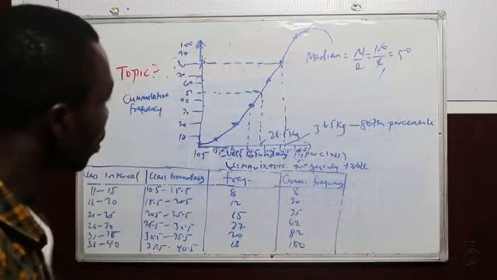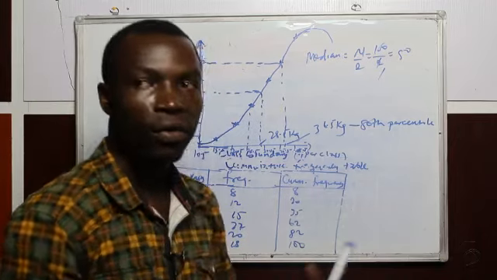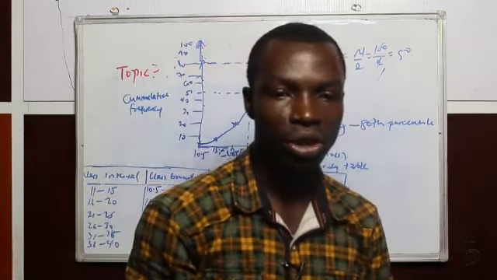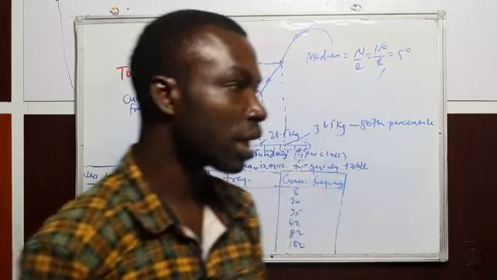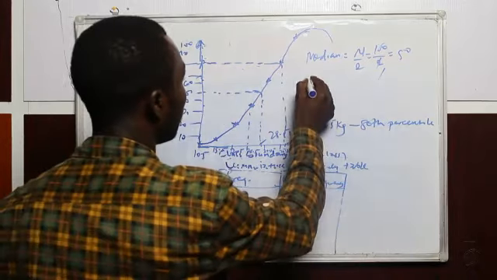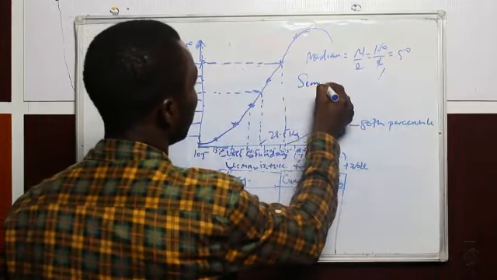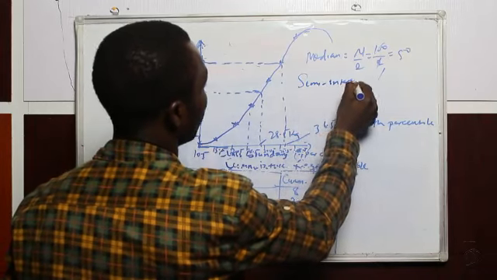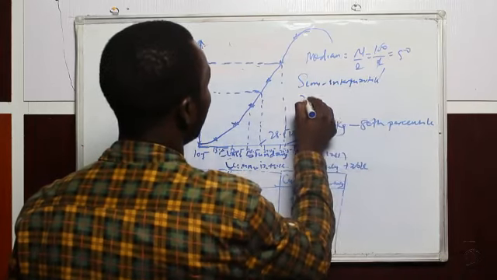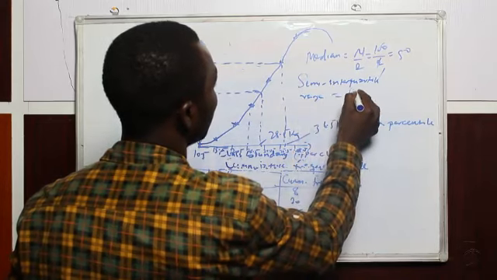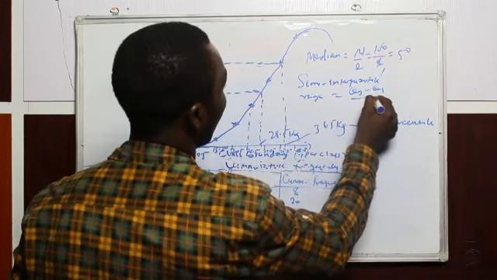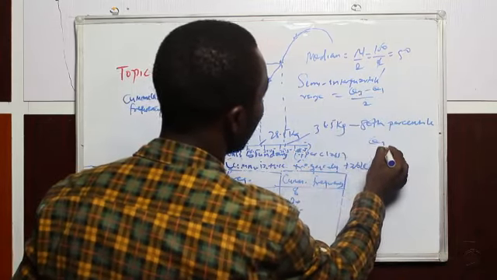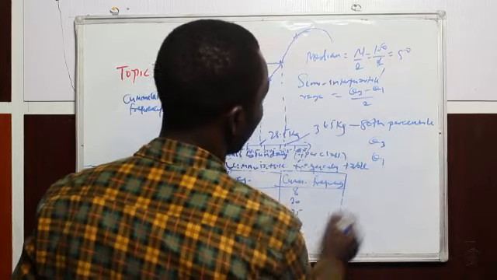But in a situation whereby the question asks us to find the semi-interquartile range, how do we find it? Remember from our calculation, the semi-interquartile range is given to be Q3 minus Q1 over 2. What is Q3? What is Q1?